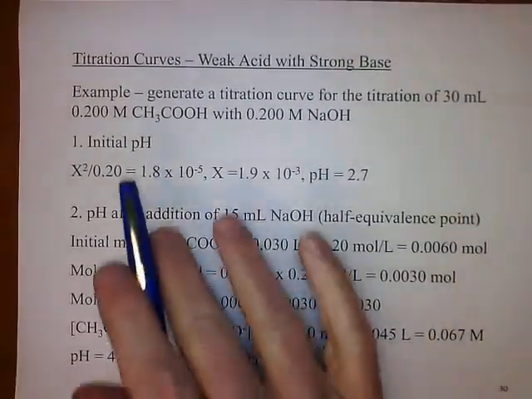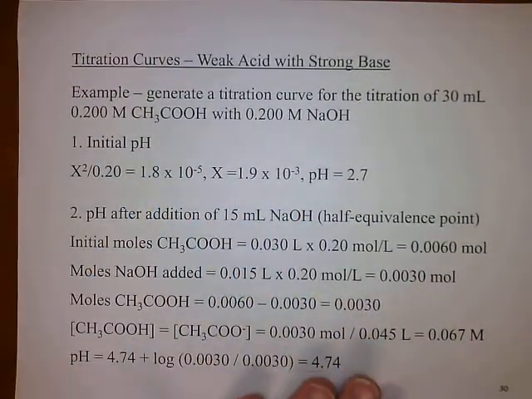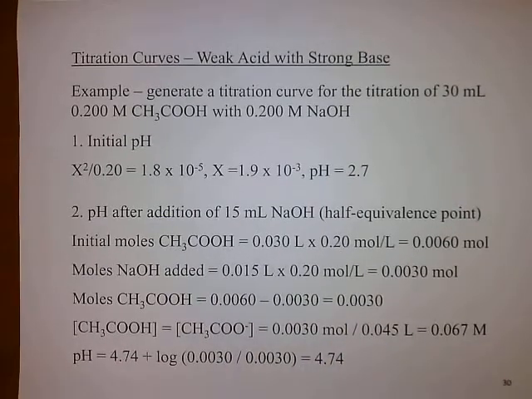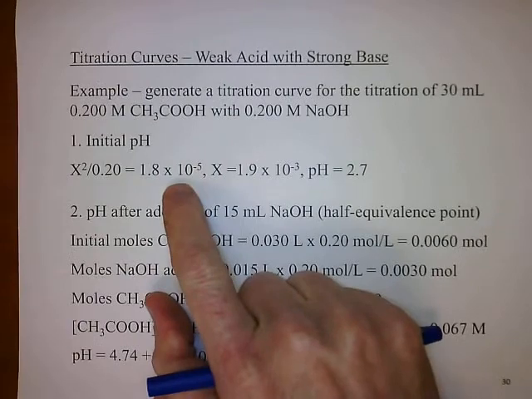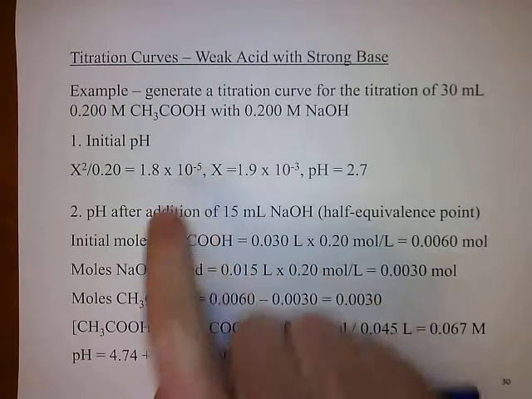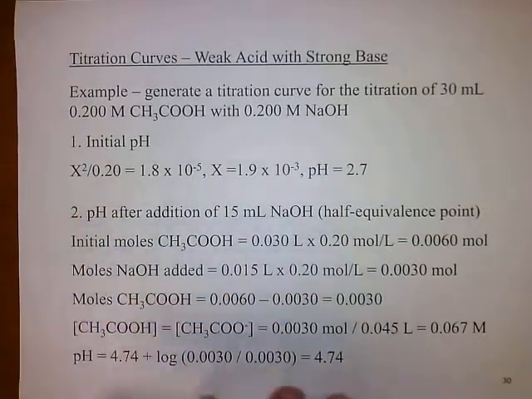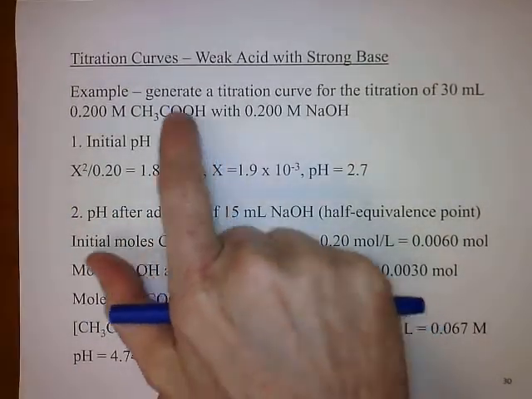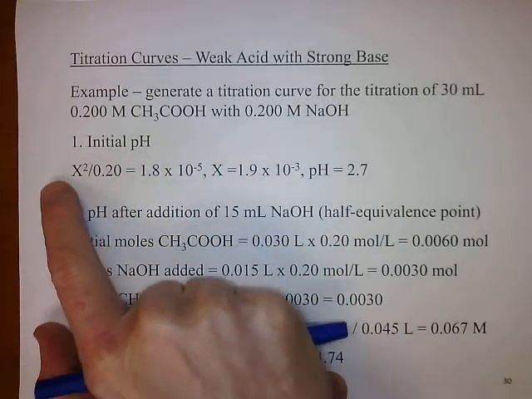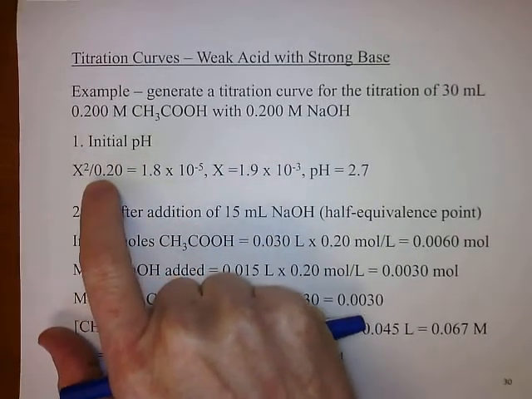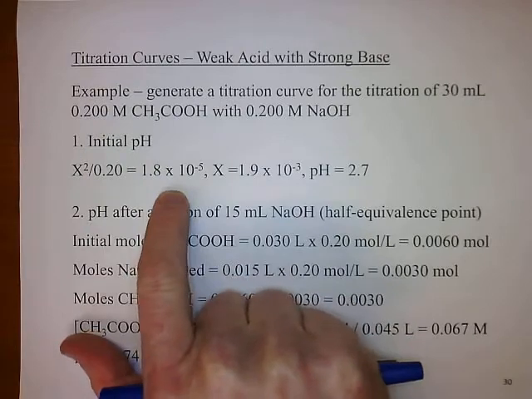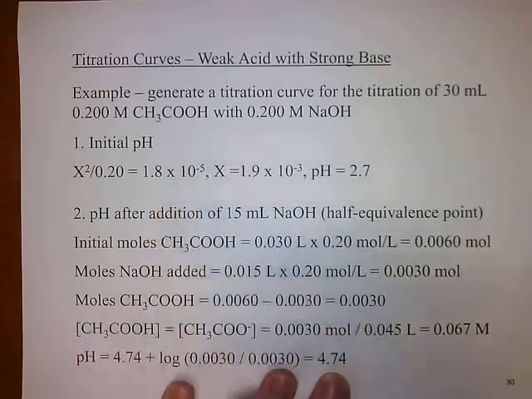First thing is to calculate the initial pH. You ought to be able to do this in your sleep at this point. We went through a separate video on how you calculate the pH of a weak acid, weak base, and so forth. The equation you have to solve comes down to x squared over the concentration equals Ka.